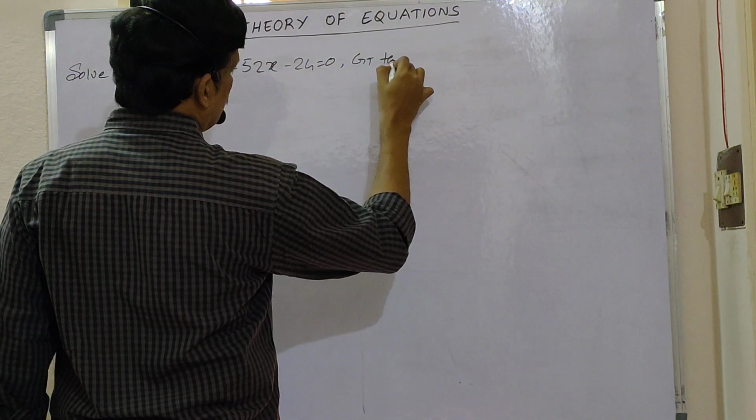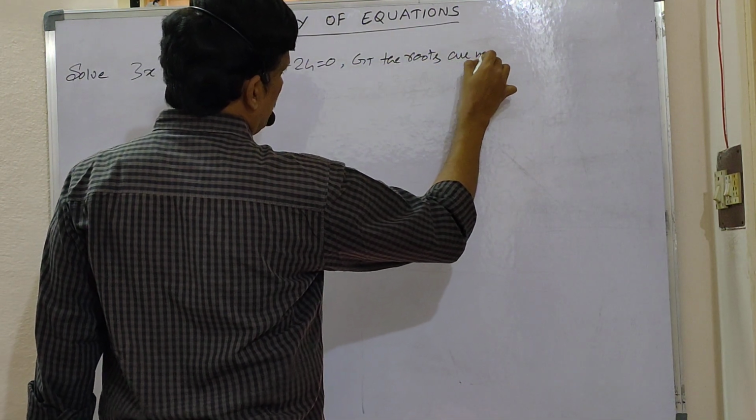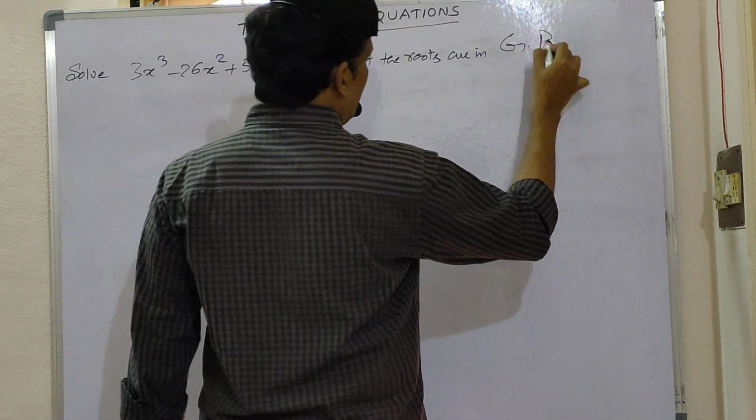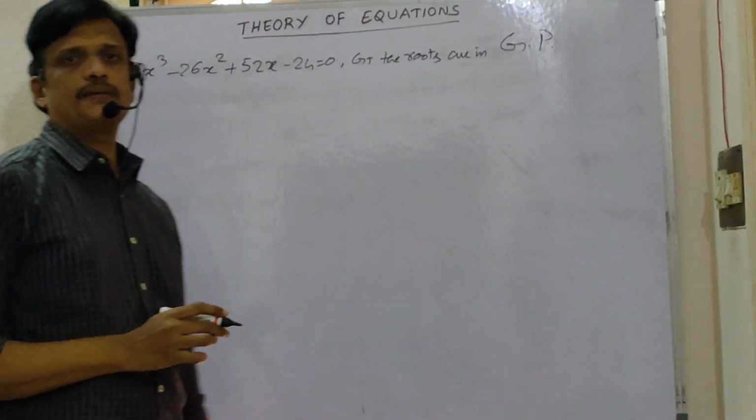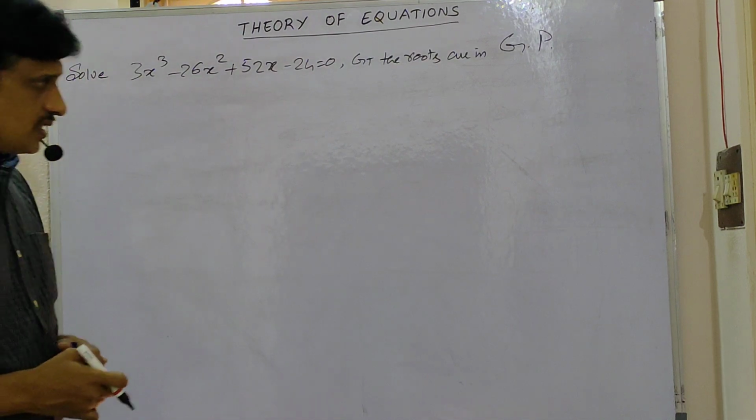Given that the roots are in GP, geometric progression. So when the roots are in GP means what?